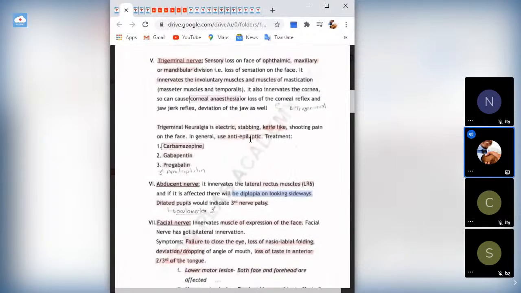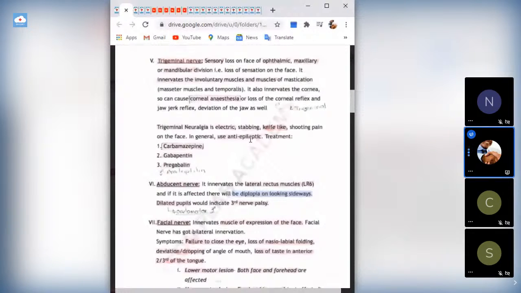So we call them V1, V2, and V3. V1 is the ophthalmic nerve, which supplies the upper part of the face, from the lateral angle of the eyes upwards. So the forehead side and the lateral side of the eyes are supplied by the ophthalmic sensory nerve.